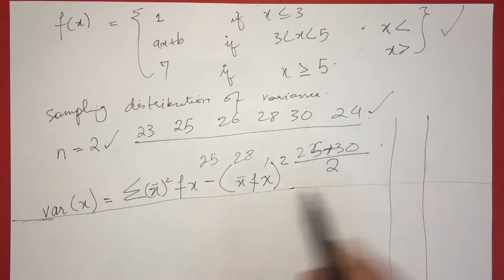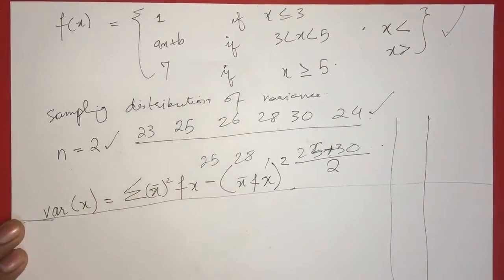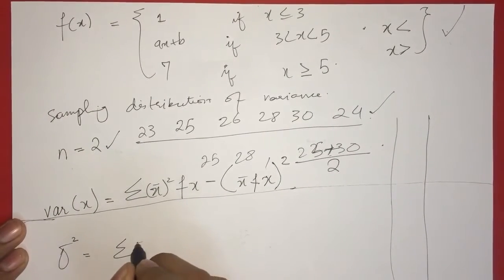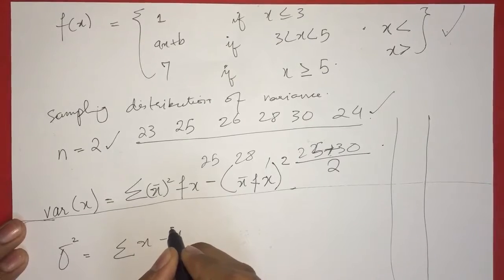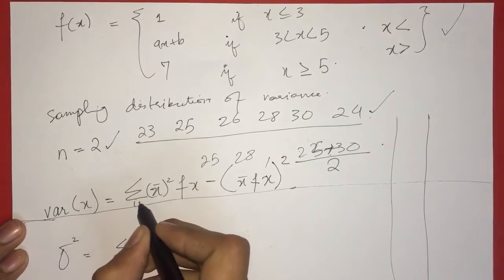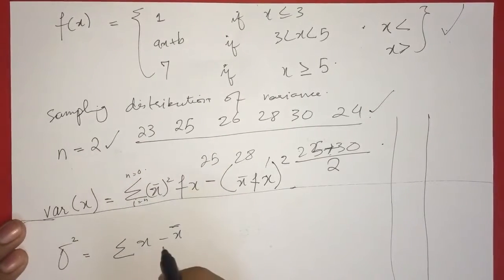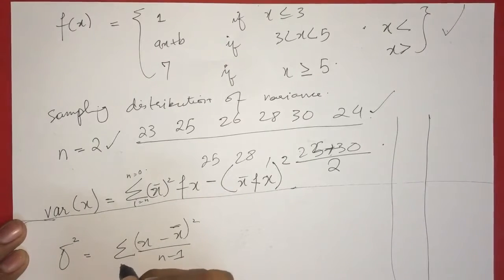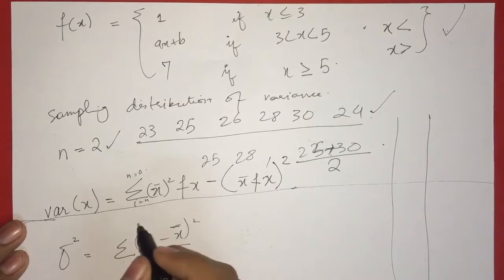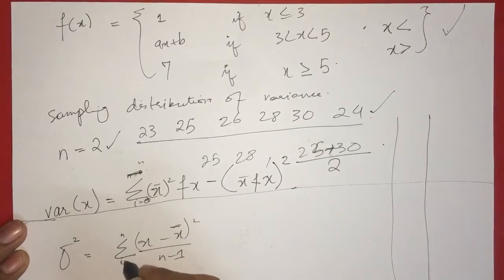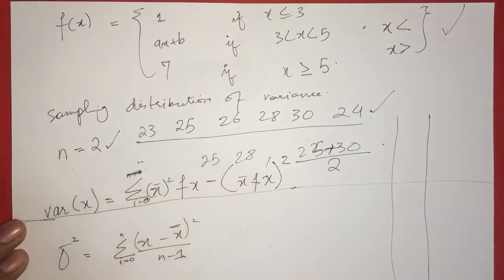For the sample, you have the formula sigma square equals summation of x minus x bar, where i equals 0 to n, whole square divided by n minus 1.